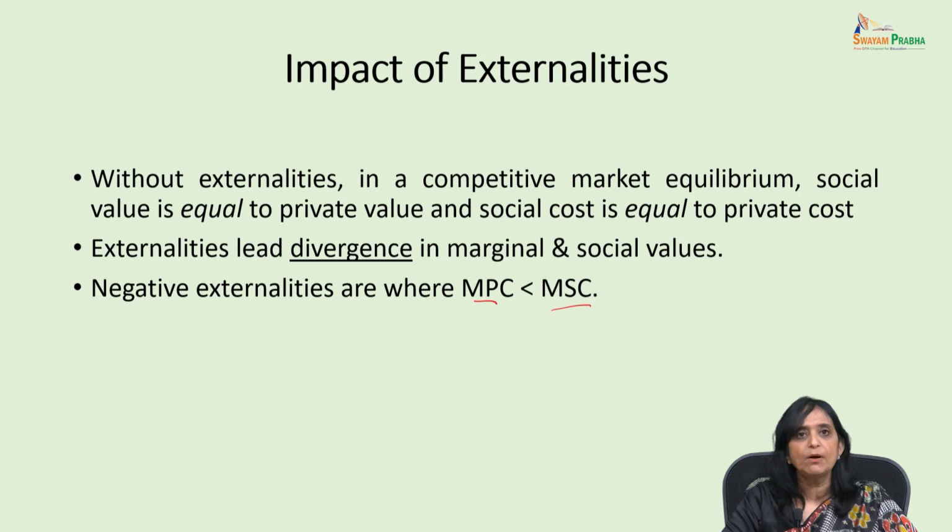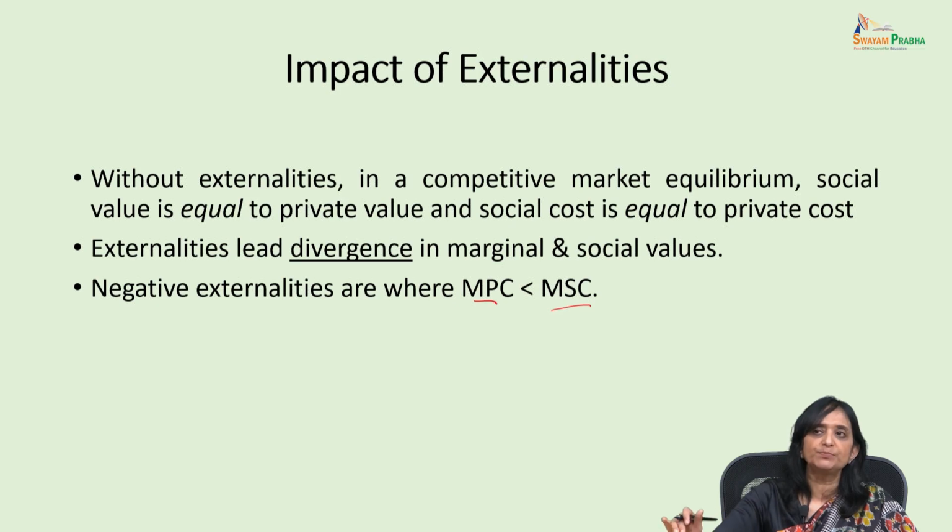Why? Because if I am producing, let us say again the paper mill example which we have been discussing, in my private cost I'm only taking into account the extra cost of producing that extra paper. I'm not taking into account that if I'm throwing that effluent in the nearby stream, what damage this is causing to the ecosystem. I'm not taking into account the cost because of which people maybe are getting some kind of skin disease.